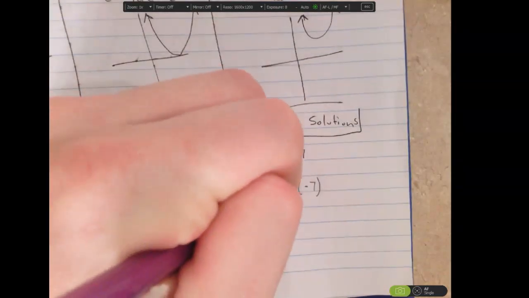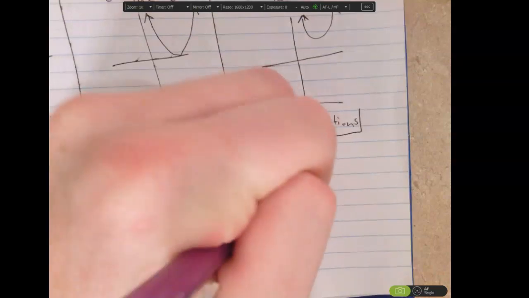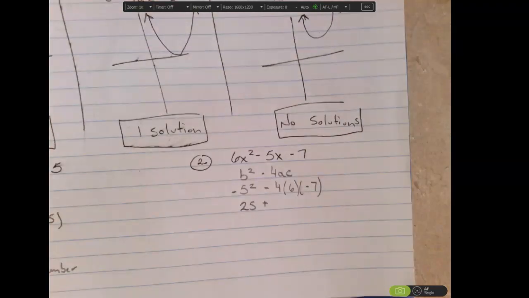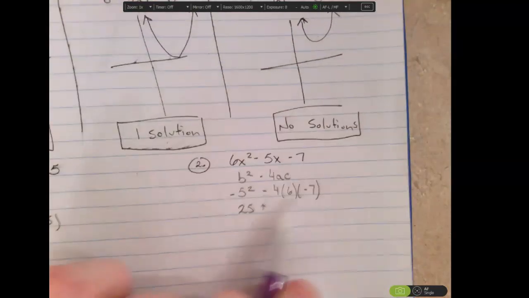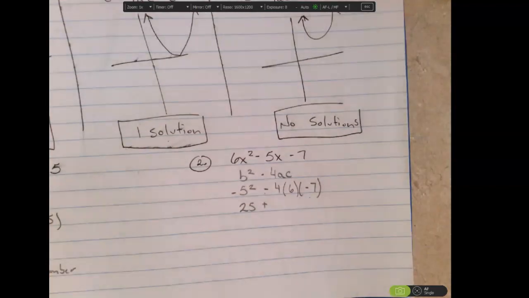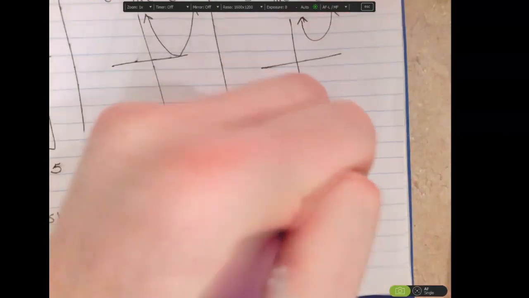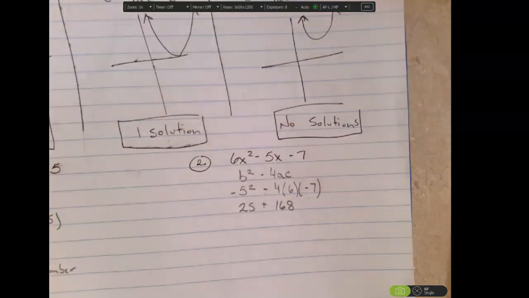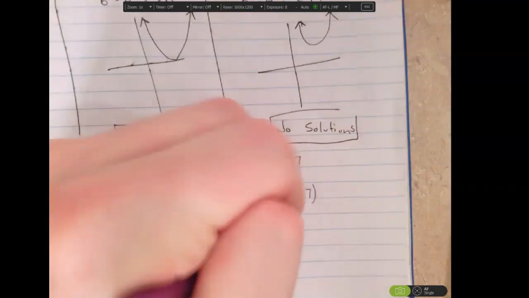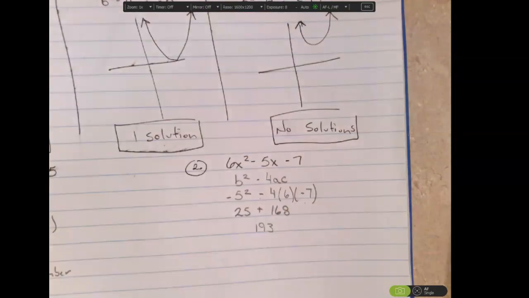Negative 5 squared is 25. I know this is going to be a positive in the middle because I'm doing a negative eventually times a negative. So negative 4 times 6 is negative 24, times negative 7 is going to be 168. So I have 25 plus 168, and that gives me 193.